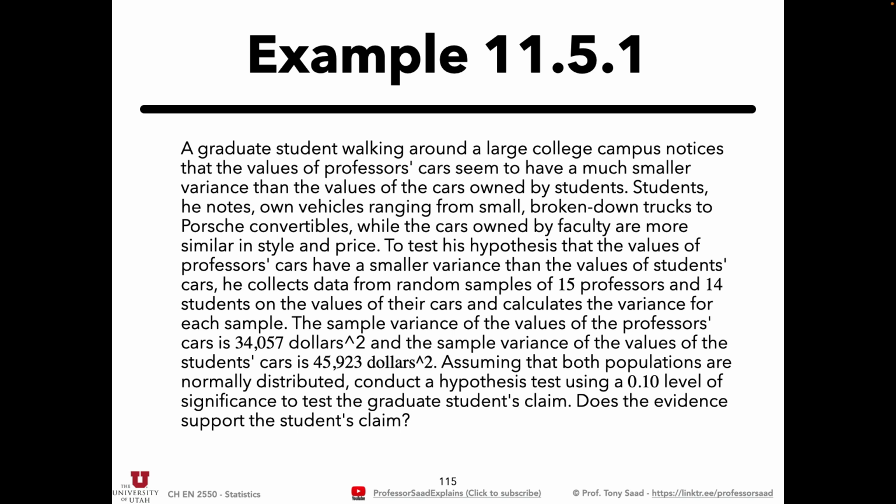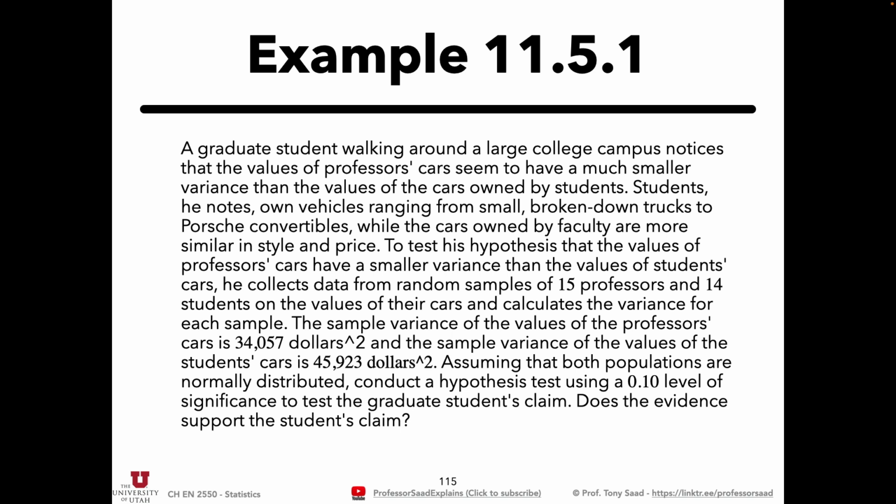A graduate student walking around a large college campus notices that the values of professors' cars seem to have a much smaller variance than the values of the cars owned by students. Students have Lamborghinis, Porsches, and Toyota Camrys, and the professors are all driving Subaru Foresters or the like.